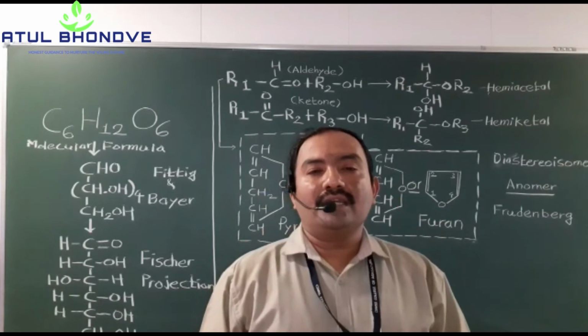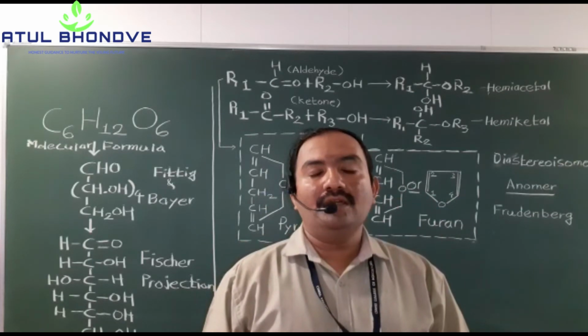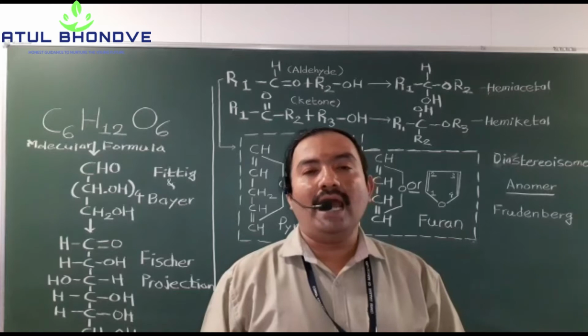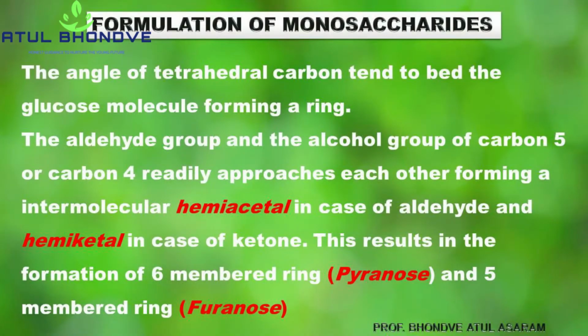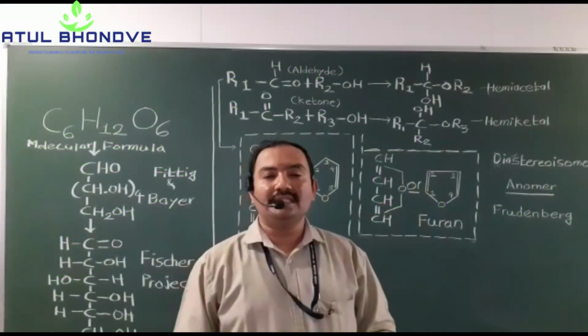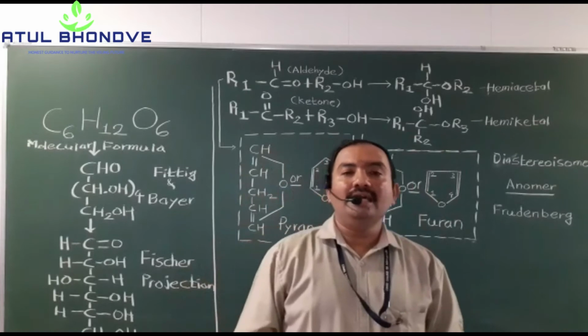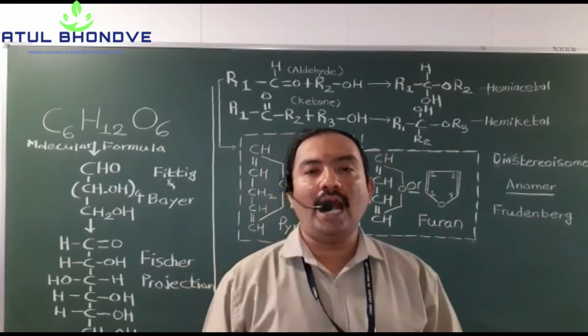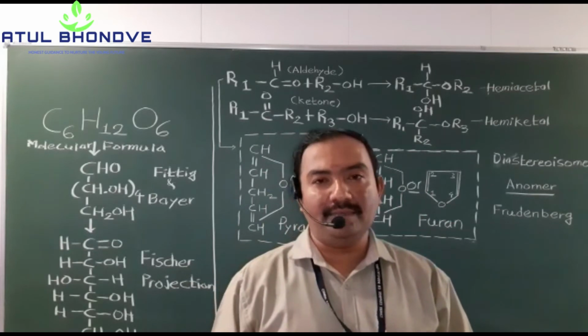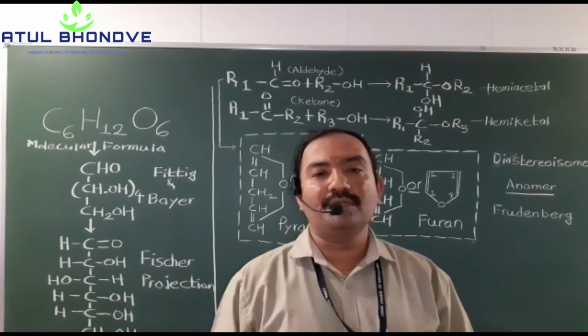The interconversion of the aldehyde group of carbon number 1 and the alcoholic OH group present at carbon number 4 and carbon number 5 is responsible for the formation of hemiacetal in the case of aldehyde and hemiketal in the case of ketone group. The hypothetical reaction showing how the hemiacetal and hemiketal groups are formed is represented in front of you on the blackboard.